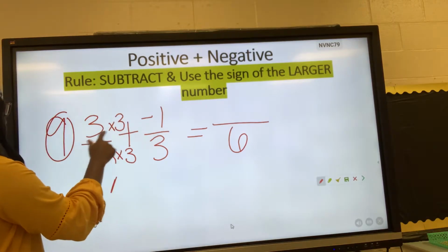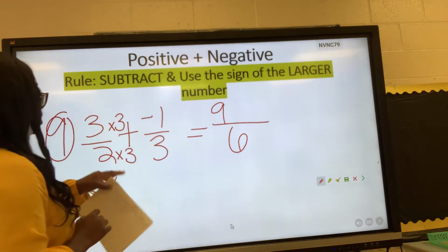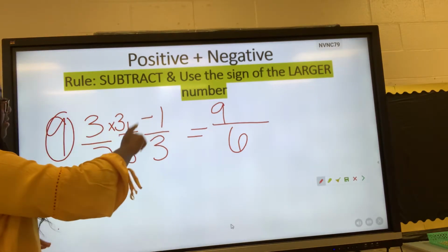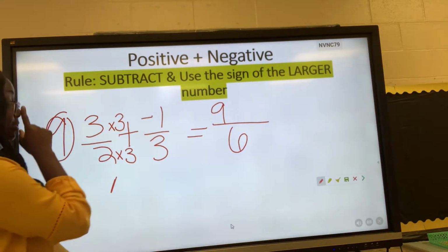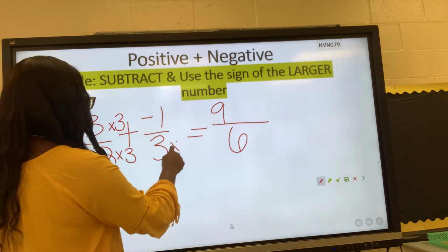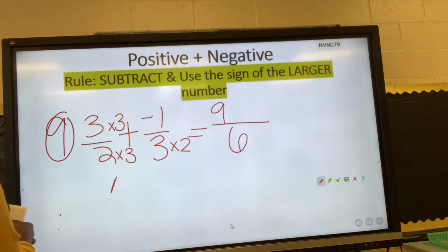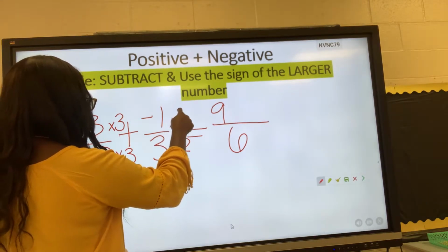And we know that 3 times 3 is 9. Now let's move on. Let's not worry about the positive and the negative. Let's move on to this side. So you say, what can I multiply 3 by to get 6? You multiply it by 2. Okay? Now, whatever you multiply the bottom by, you multiply the top by.